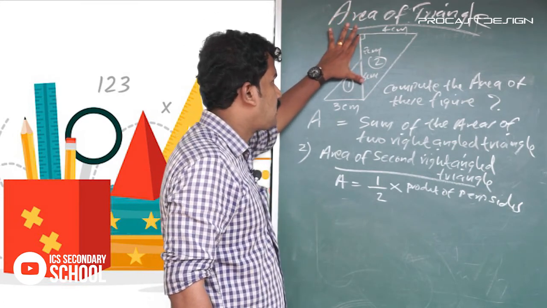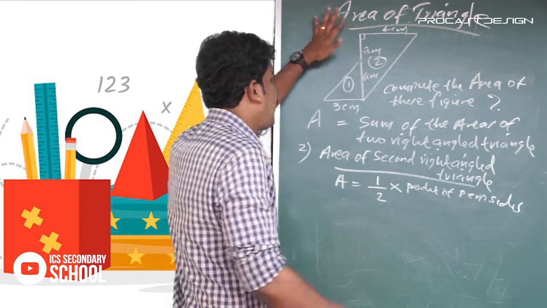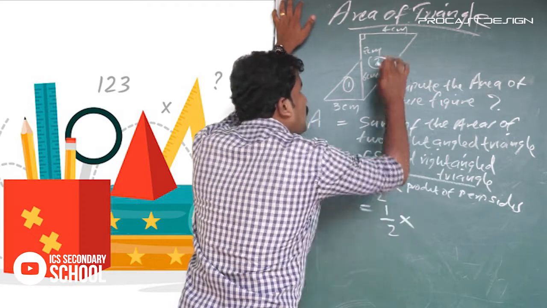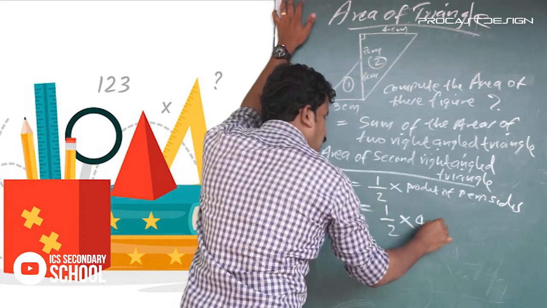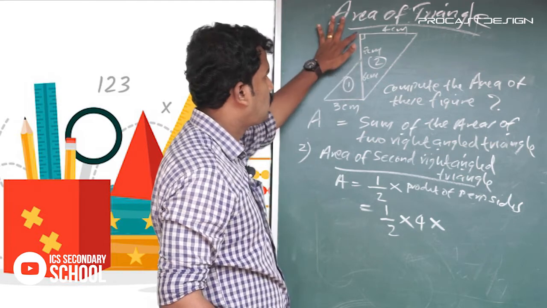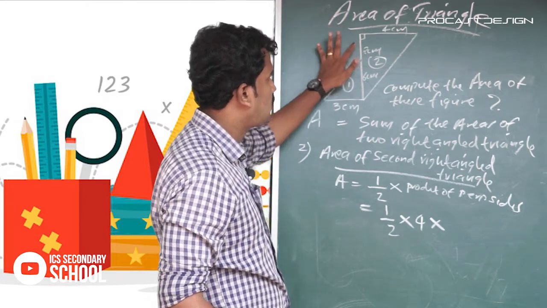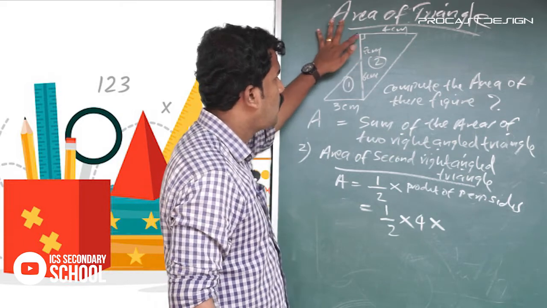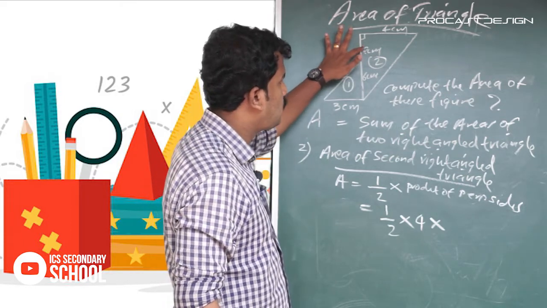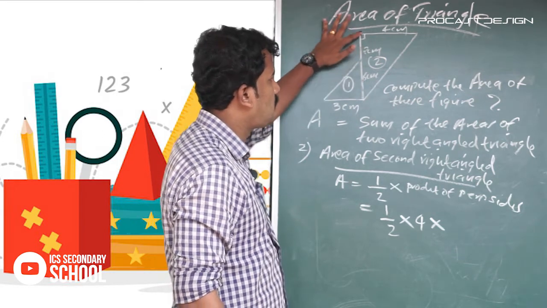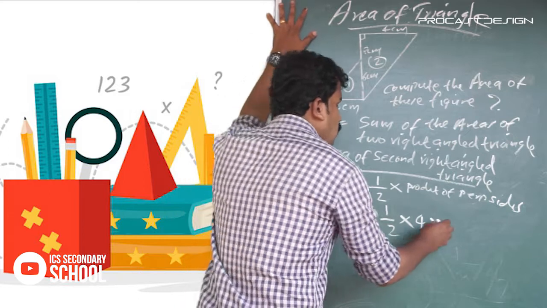Here in the second right angle triangle, one side is 4 centimeter, so half into 4 into, then the next side is the total length of the perpendicular side, 2 plus 6, here 6 centimeter and 2 centimeter, so total length 2 plus 6.